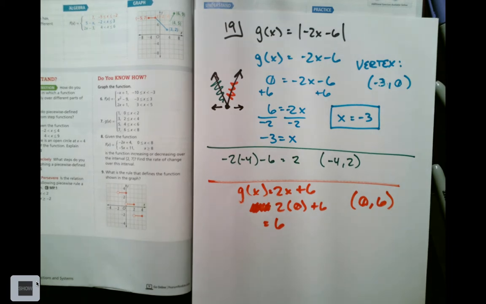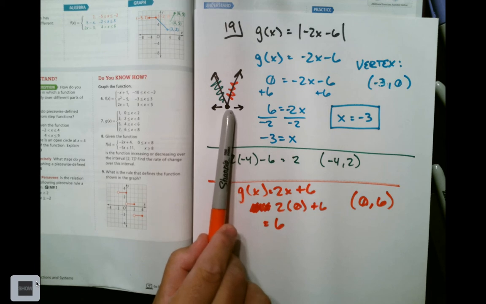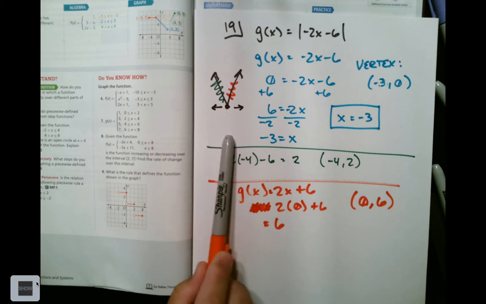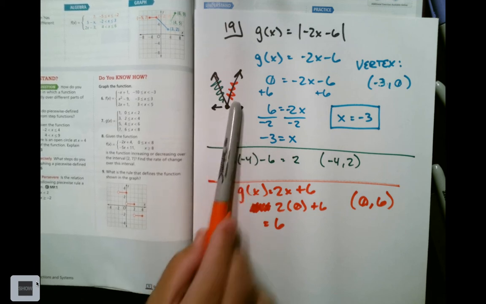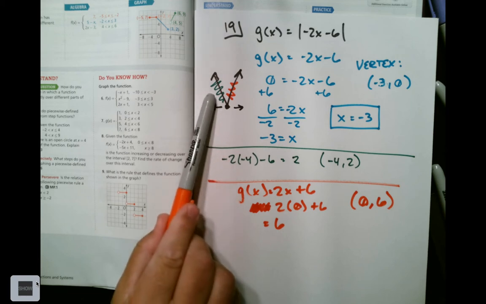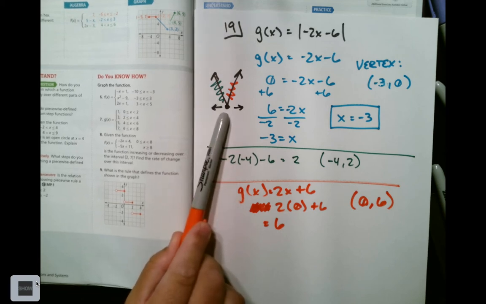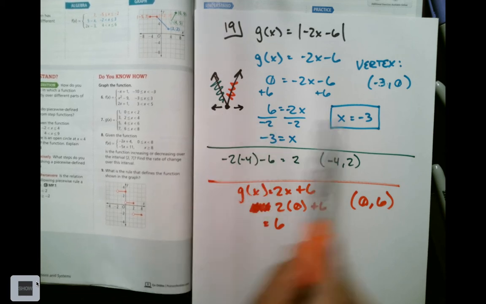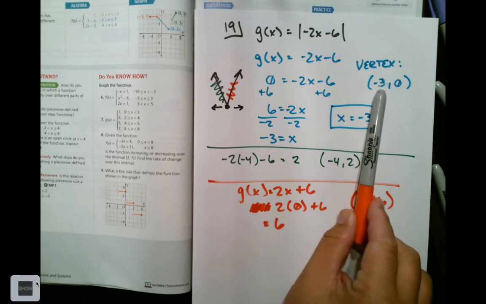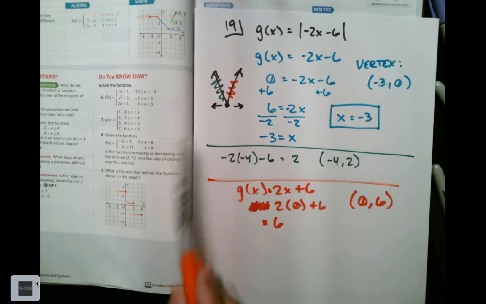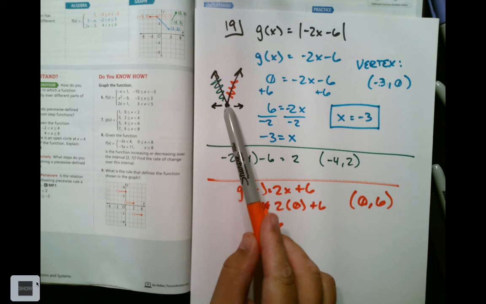Okay, again, I'm sorry. So what I did was I took this absolute value function and split it up into two lines, the green line and the orange line. The green line is going to stop at negative 3, 0, because that's my vertex. So all I had to do was find a point to the left of that vertex.